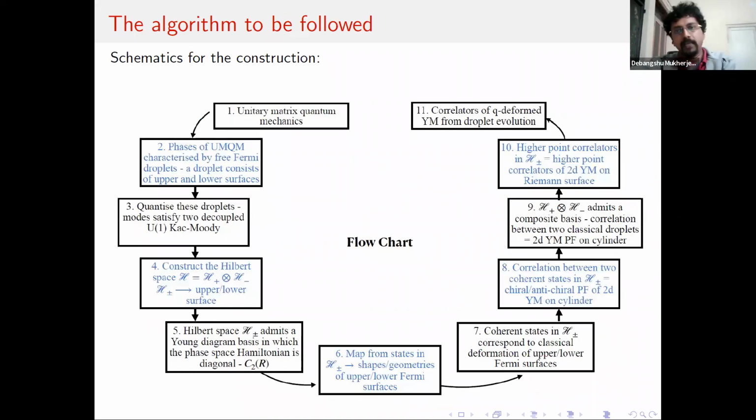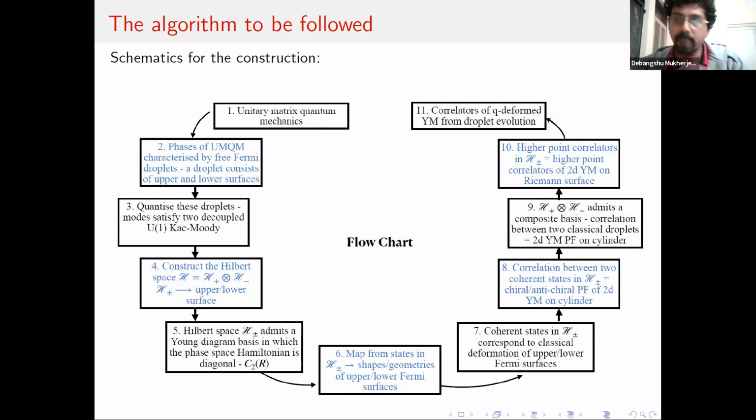So, before we dive into the actual mathematics of exactly how the prescription works, let me just give you a brief schematic of how we are going to do the construction. So here is a flow chart where I have tried to encapsulate what we are going to do. We start with the unitary matrix quantum mechanics, and it's a pretty well-known fact that various phases of unitary matrix quantum mechanics can be characterized by these things called free Fermi droplets.